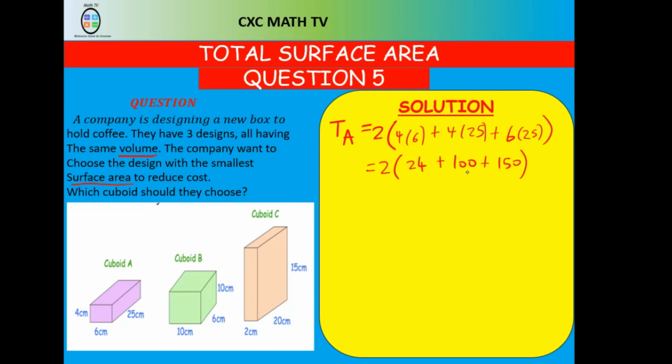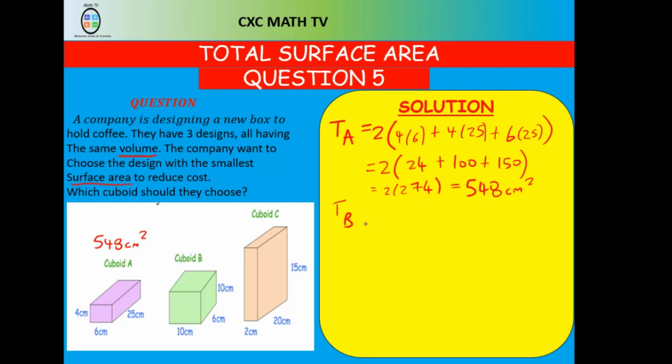This is 250 plus 24 is 274, and 2 times 274. You work that out. I'm just going to take out my calculator, and I got 548 centimeters squared.